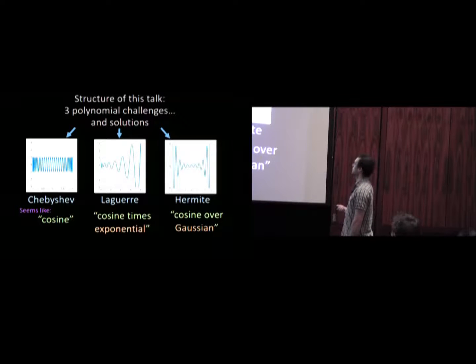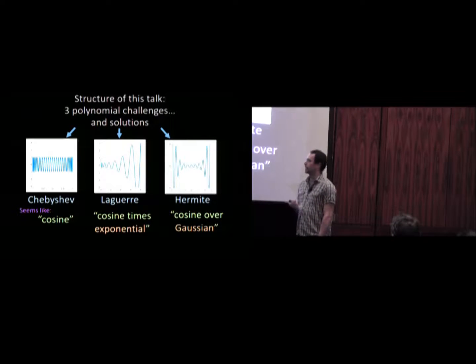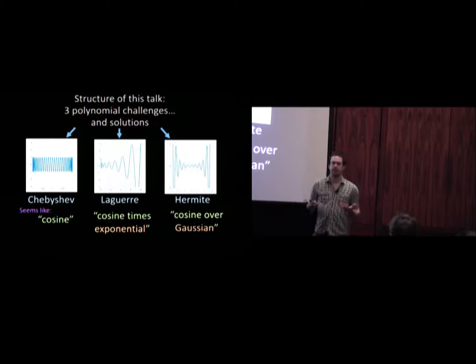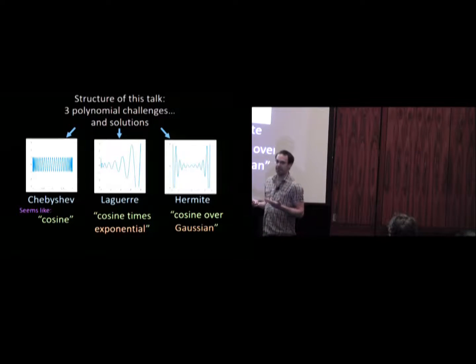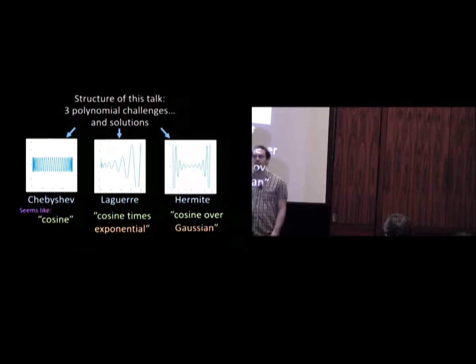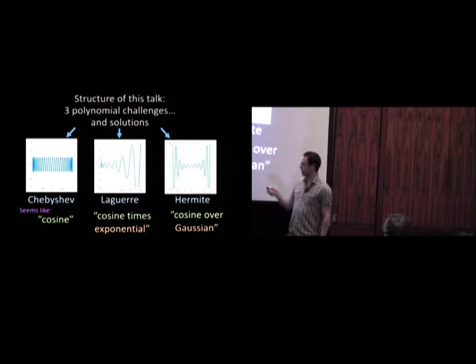So if you ask, say, a numerical PDE person, which one of these polynomials should I use? They'll say, well, it depends exactly on what shape your domain is. If you have a domain that's a unit interval, use the unit interval Chebyshev polynomials.